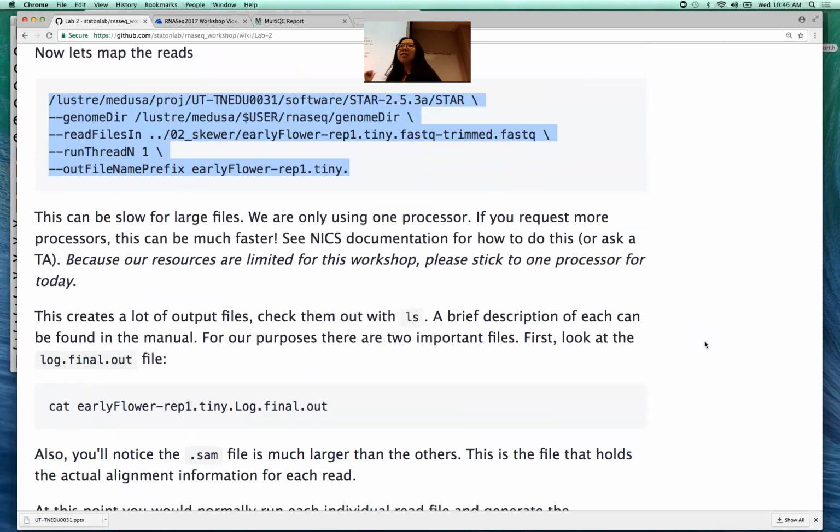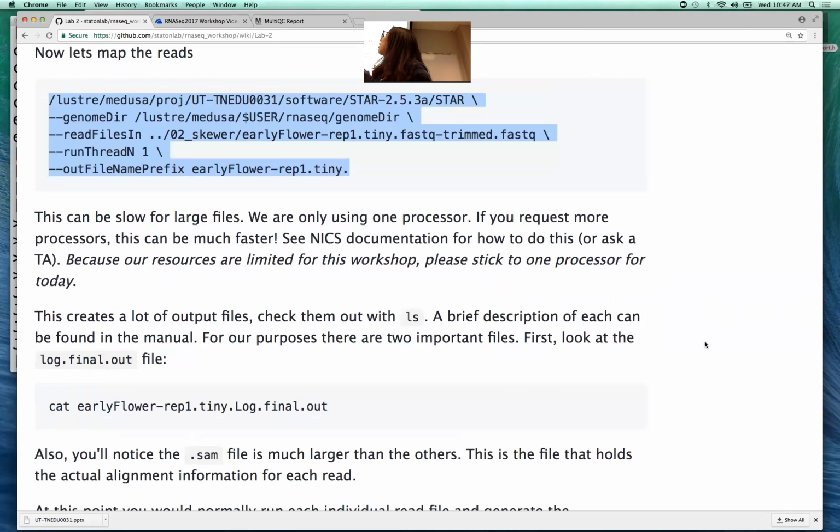For this library, we only have single end reads. If you have paired end reads, you are going to put two FASTQ files: the first should be the R1 FASTQ, and the second should be the R2 FASTQ. Since we only have single reads, we only put one FASTQ.